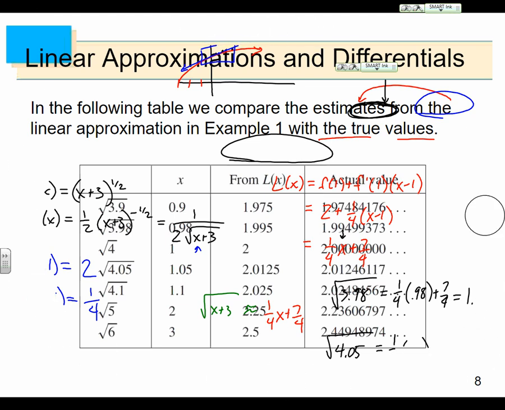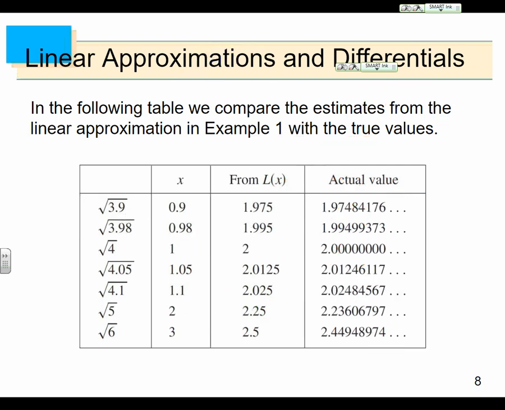I plugged in some more values here. And as you can see, what I would get from my linear approximation right here in this column mimics very closely what the actual value is from my calculator if I was just to keep going with it. But as you can see, down here, I start getting a little bit further off, right?